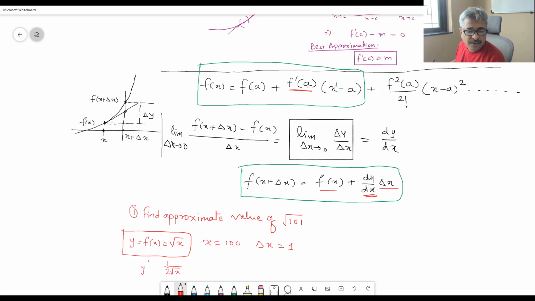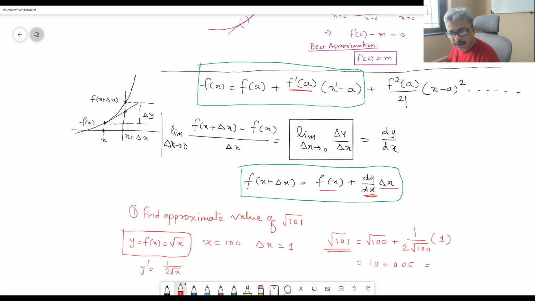This is y dash of x at x is equal to 100. So root 101 is equal to root 100 plus 1 upon 2 root 100 times 1, which is equal to 10 plus 1 upon 20, this is 0.05. So the approximate value of root 101 will be 10.05.